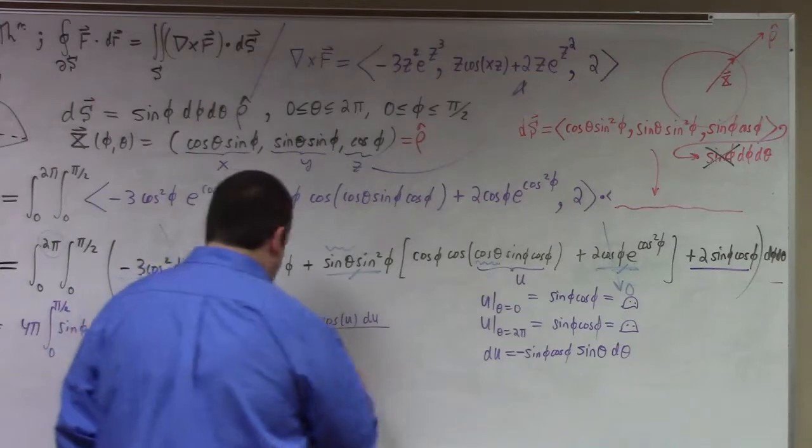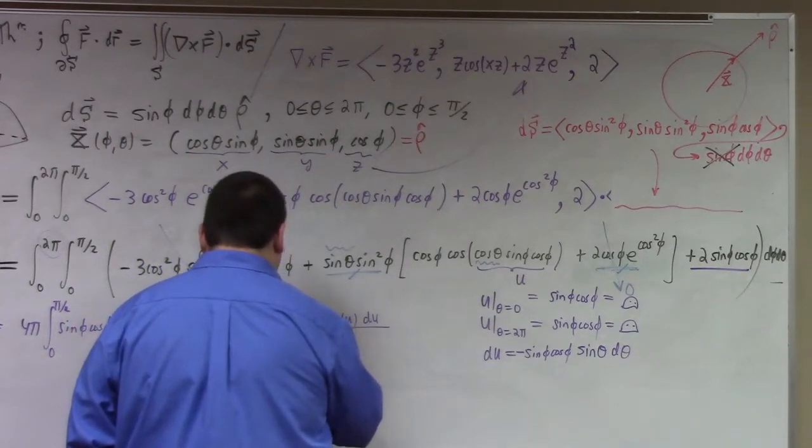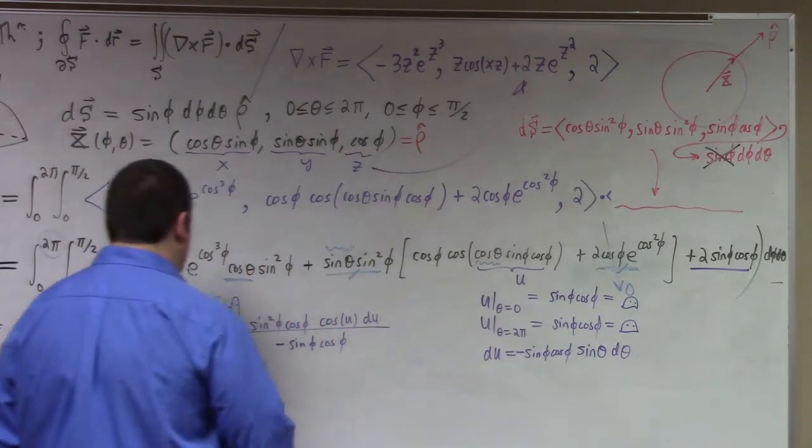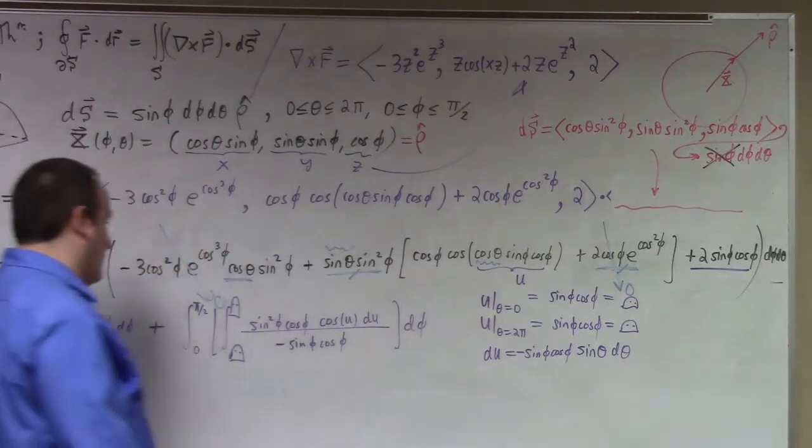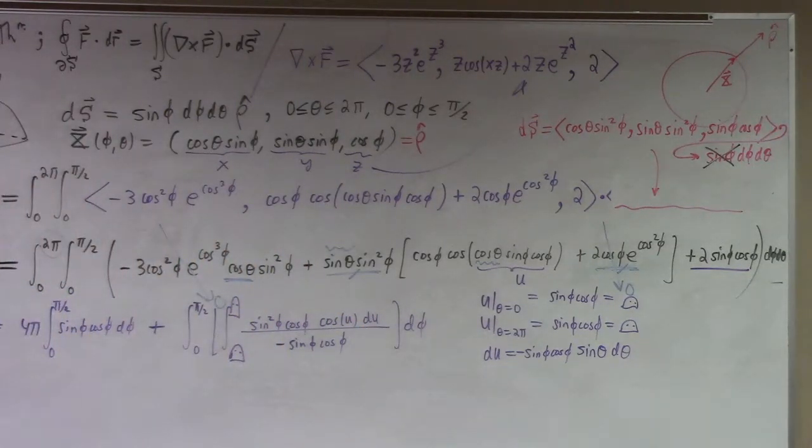Minus sine phi cosine phi, right? Integral from ghost to ghost is 0. It was important for me to work that out to make sure the u substitution was legit.